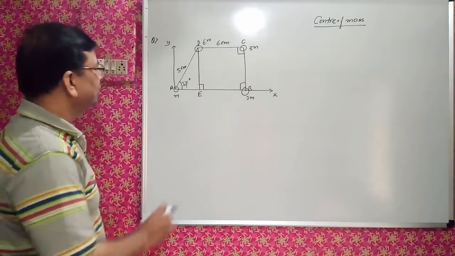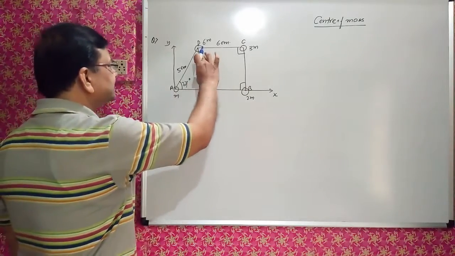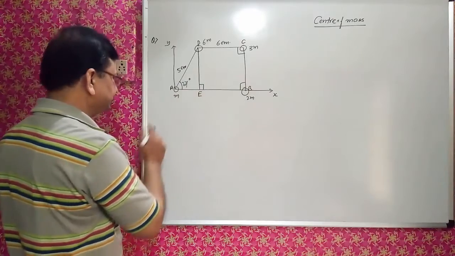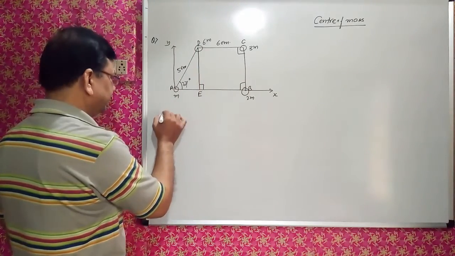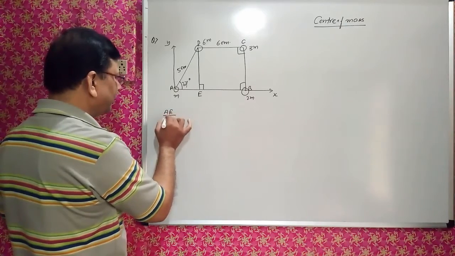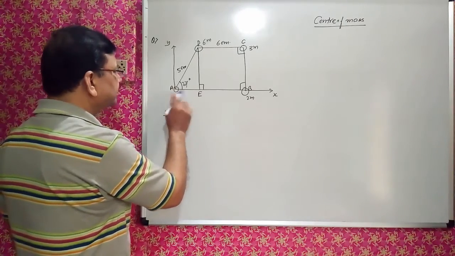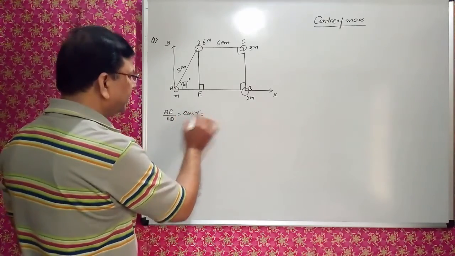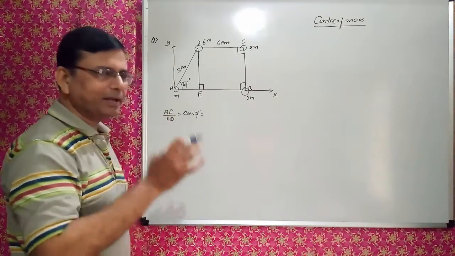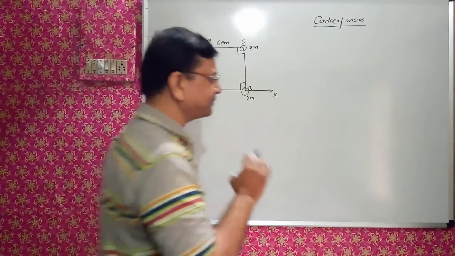Okay. Now we will find the distances, this DE and AE. So AE upon AD is equal to what? Cos 37. And cos 37, if you remember, I have drawn this triangle many times.